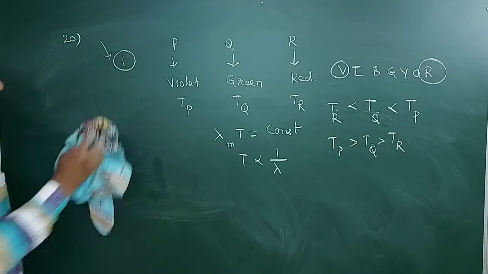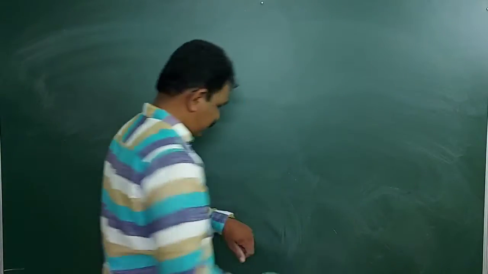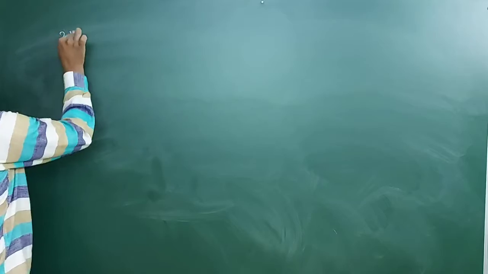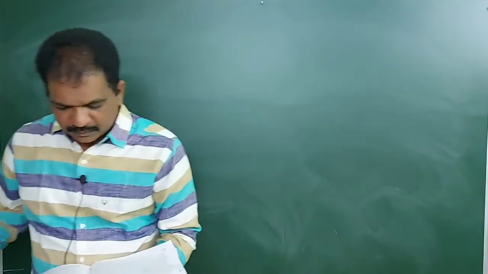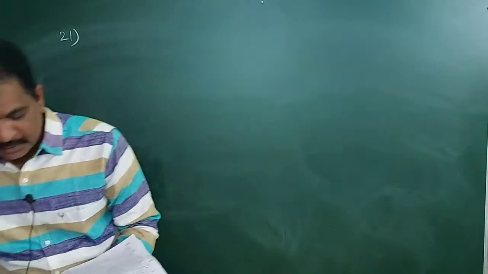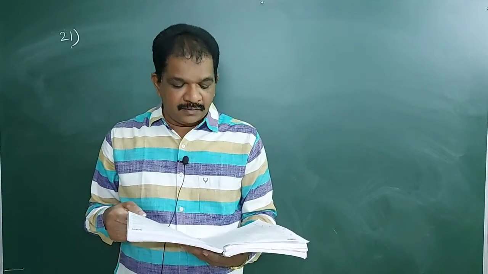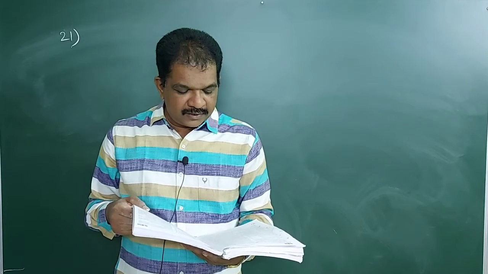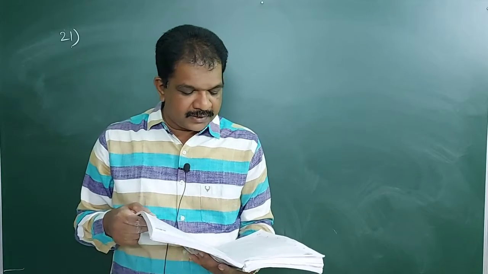Next, 21. Two ends of a metal rod are maintained at temperatures 100 degrees centigrade and 110 degrees centigrade. The rate of loss of heat in the rod is found to be 4 joule per second.